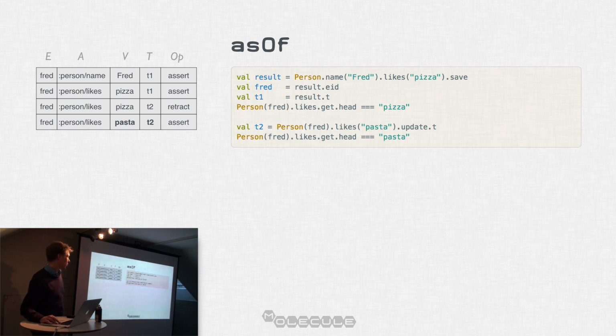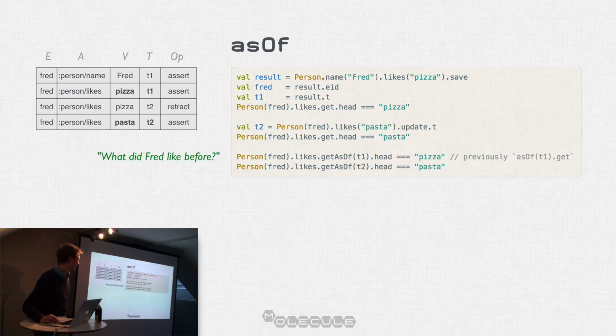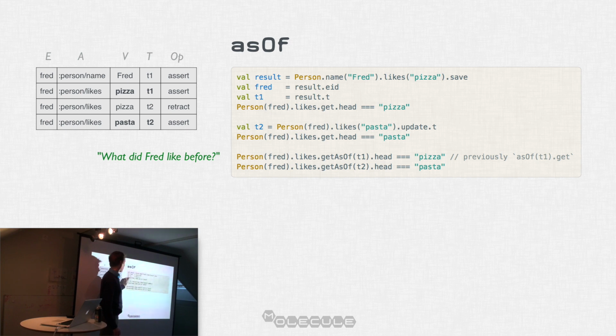So at time 2, Fred likes pasta. I don't know why I don't use the as-of function. That would be an actual. Yeah, so first he likes pizza, and then at transaction 2 he likes pasta, right?